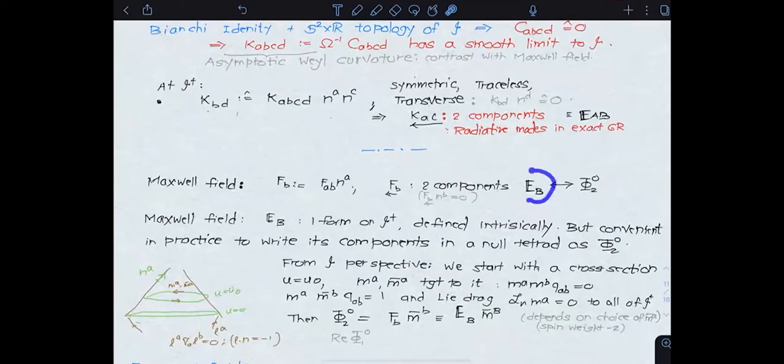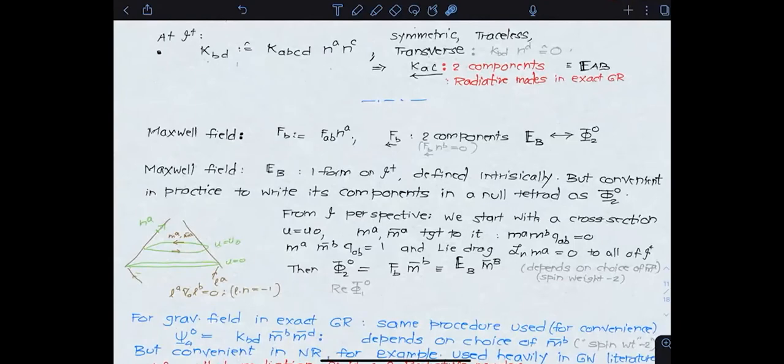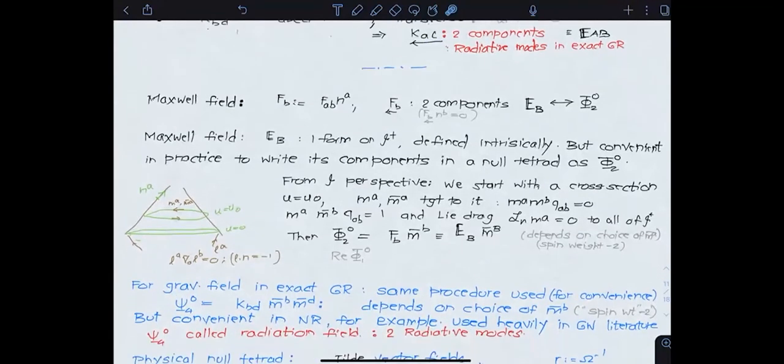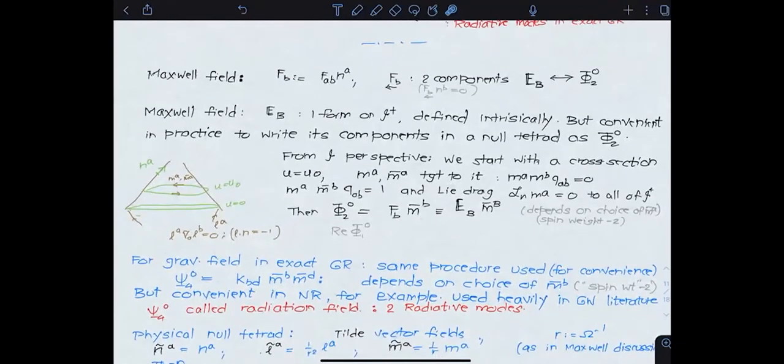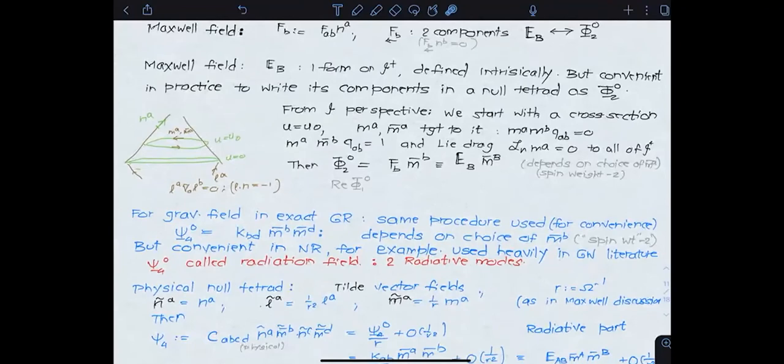And just as in the Maxwell case, instead of talking about E, people usually talk about a complex scalar rather than a vector or a one form. So similarly here, instead of talking about a symmetric second rank transverse tensor, people like to talk about some scalar field. So what do I do?